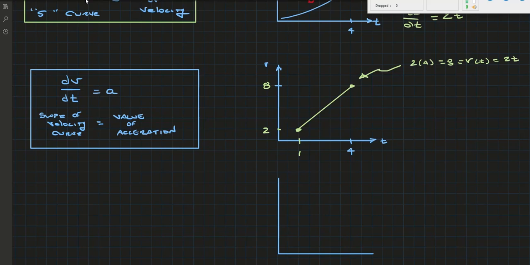In this really simple demonstration, the derivative of 2t with respect to t equals 2 at any point here. That indicates the acceleration is constant for all t's, at a value of 2.